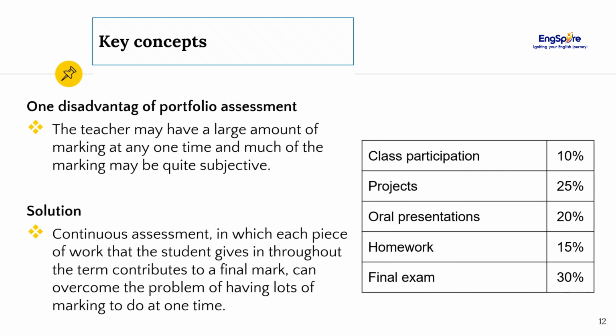This approach reduces the amount of marking at one time and provides a fairer picture of students' overall achievement. In short, although portfolio and continuous assessment require considerable time for marking and may involve some subjectivity, they help teachers evaluate students more fairly and accurately.